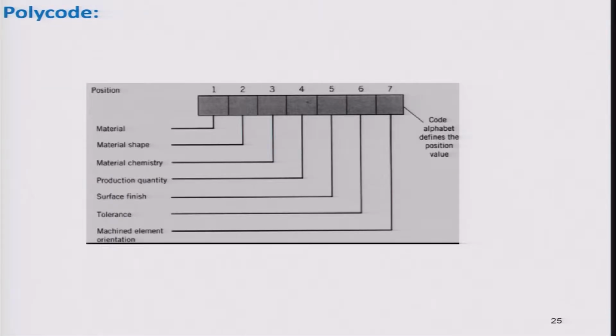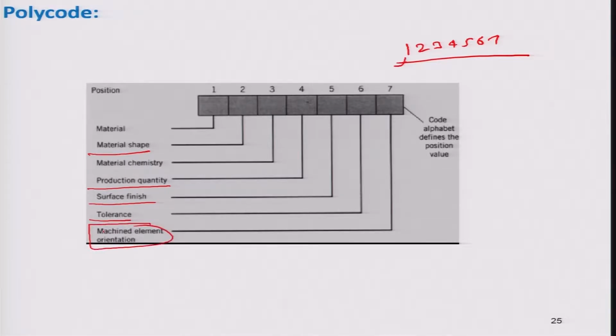Suppose one part has a code 1 2 3 4 5 6 7. Here 1 signifies material, 2 signifies metal shape, 3 is metal chemistry, 4 is production quantity, 5 is surface finish, 6 is related to tolerance, and 7 is related to machine orientation.